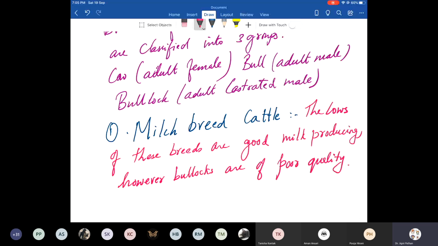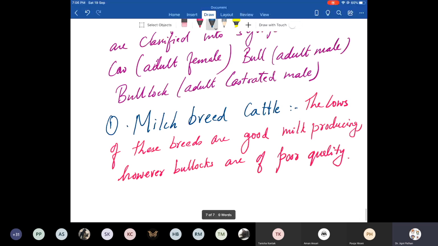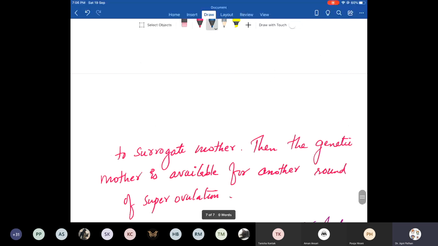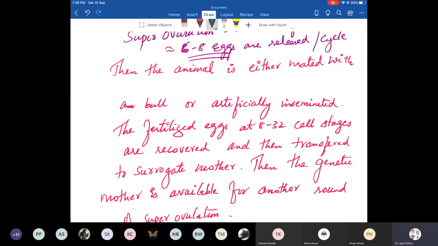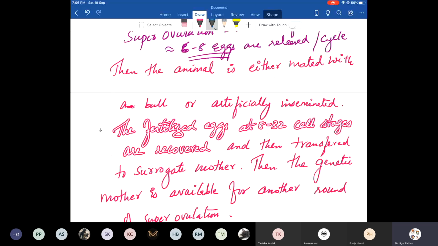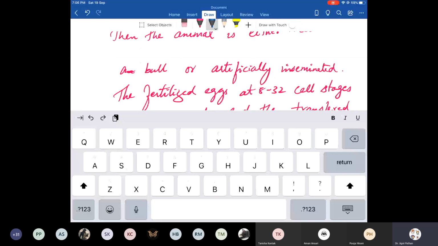What is the main important thing in this breed? They are good at what?